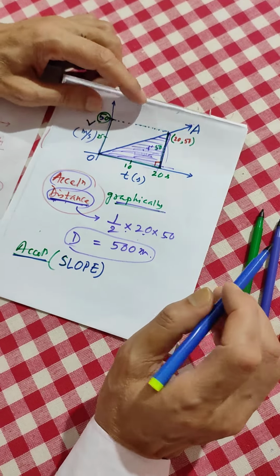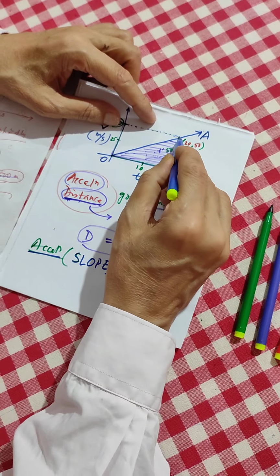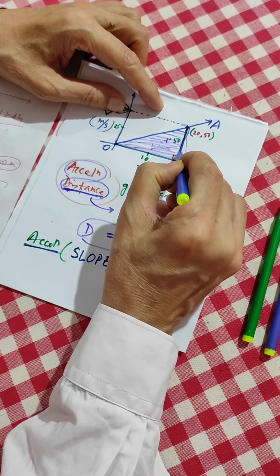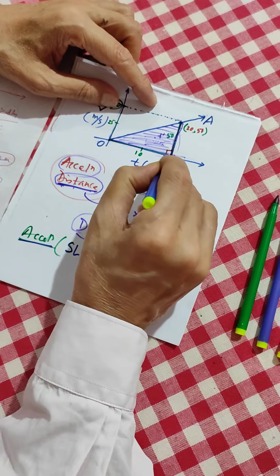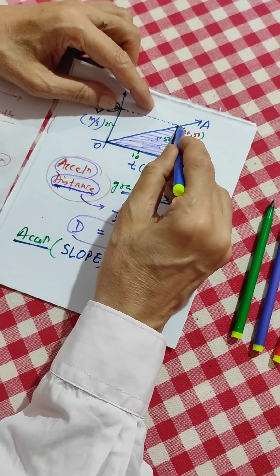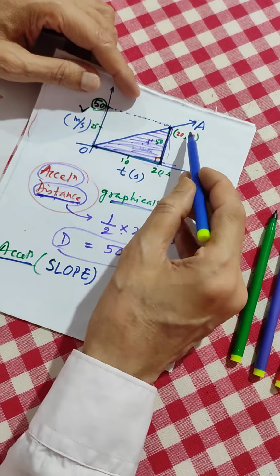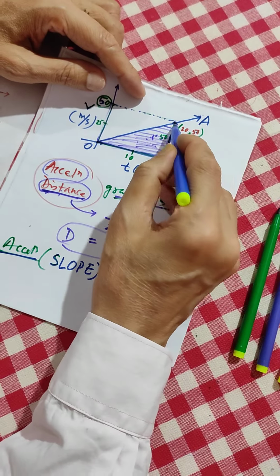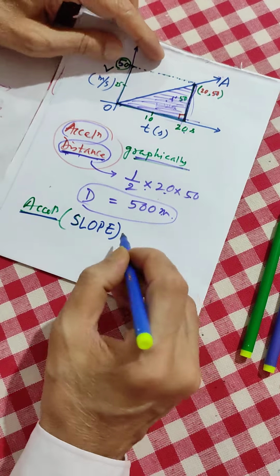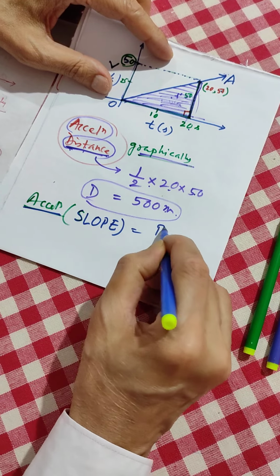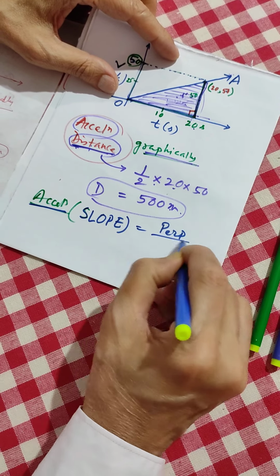How will you find the slope? It is the value of the y coordinate divided by the value of the x coordinate, that is 50 by 20, or you can say perpendicular by base.